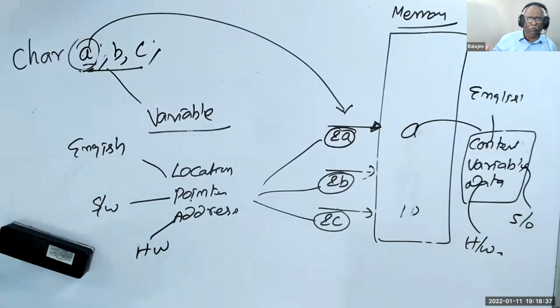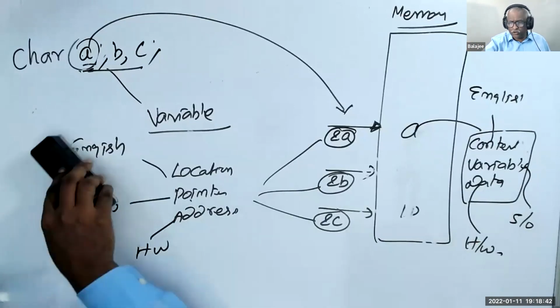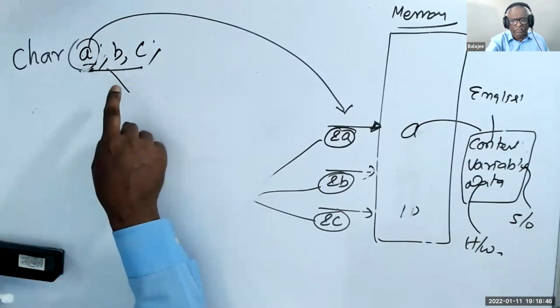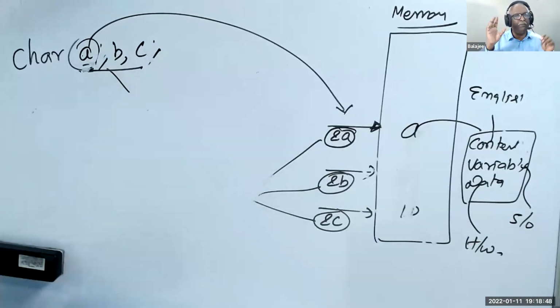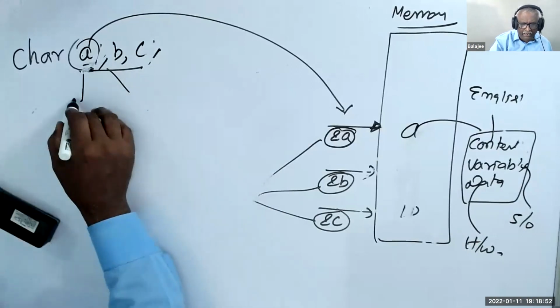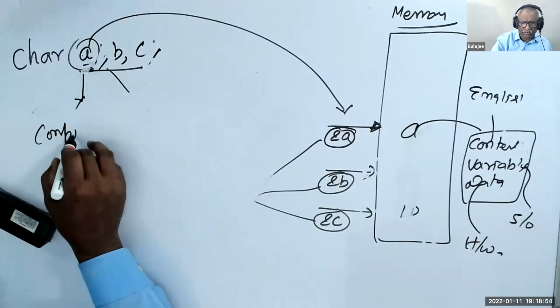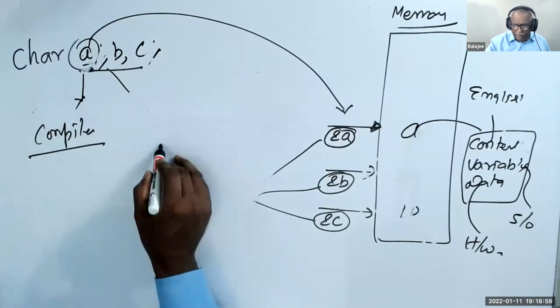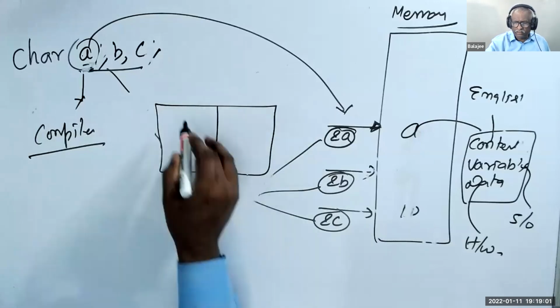I'll tell you about that. Now what happened? When you declare this A, B, C, who will decide the location? That is a problem. When you declare A, B, C and give it to the compiler, the compiler will create a table called the symbol table.